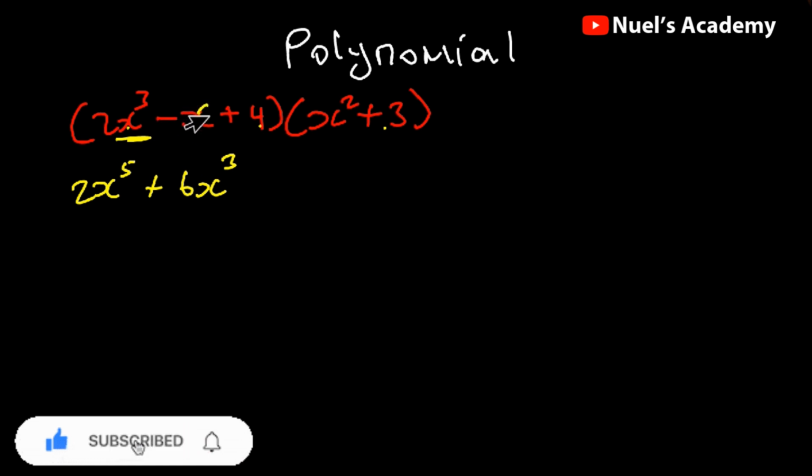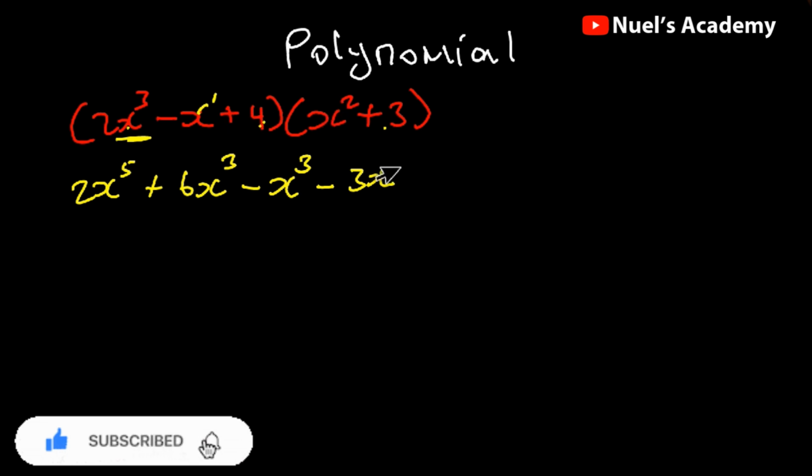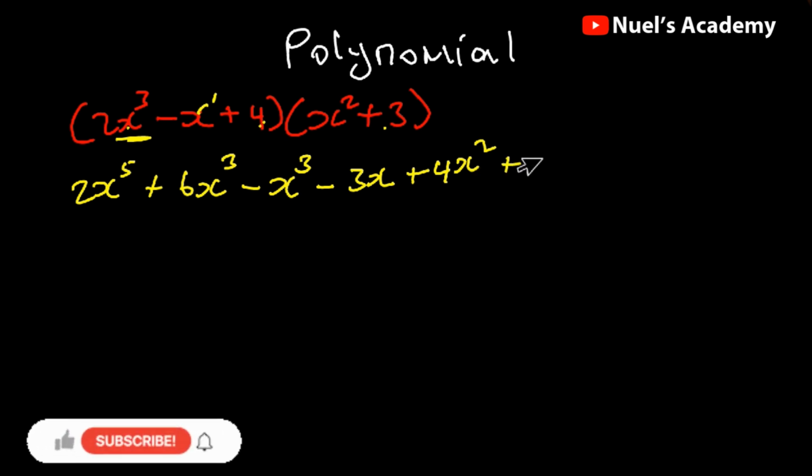Negative x times x squared is equal to negative x cubed, that is 2 plus 1, which is 3. Then we have negative x times positive 3, which is negative 3x. Now we have 4 times x squared, which is plus 4x squared, and 4 times 3 will give us plus 12.